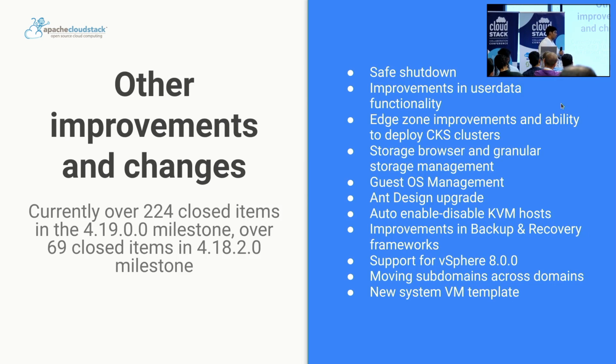So this should allow operators to optimize their resources. There are a bunch of improvements in the backup and recovery framework. In terms of hypervisors, we have already added support for vSphere 8. We have things coming up with domains where subdomains can be moved across different domains. That should be pretty interesting as well.